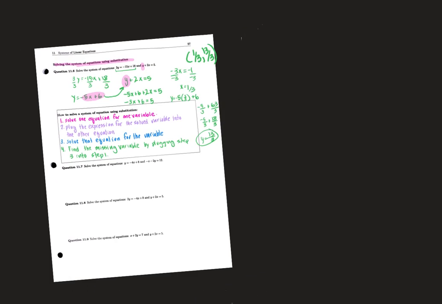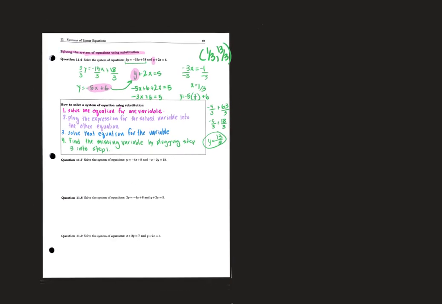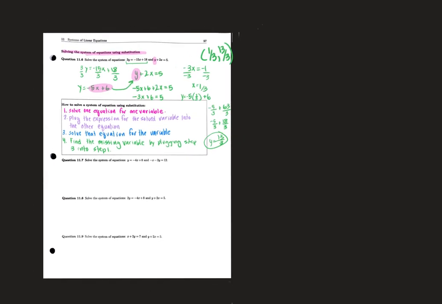After we do that, we have our point and our x and y value completely solved for. So let's take a look at a problem here. Let's look at 11.7. So this one is really nice.